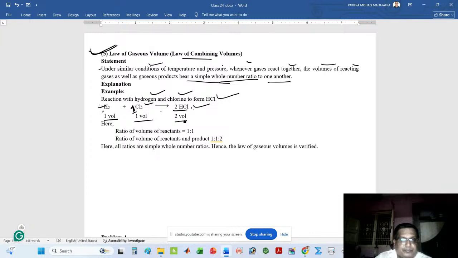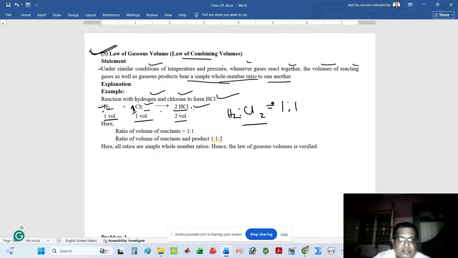As per the law, if you find the ratio of the reactants, here the reactants are hydrogen and chlorine. That means the ratio of volume of reactants, hydrogen and chlorine, is 1:1. Next, if you want to find the ratio of the reactants and product, here the two reactants are hydrogen and chlorine, and the product is HCl.